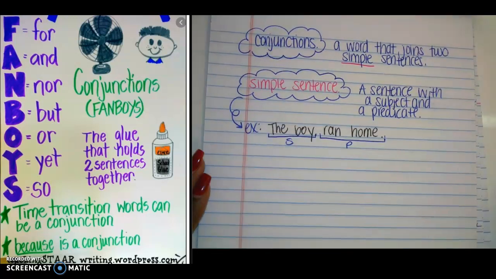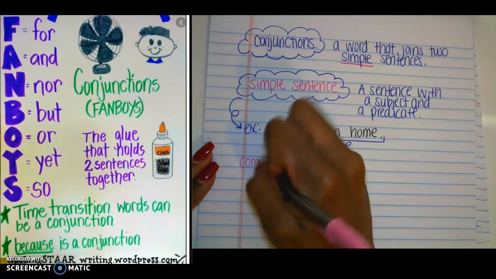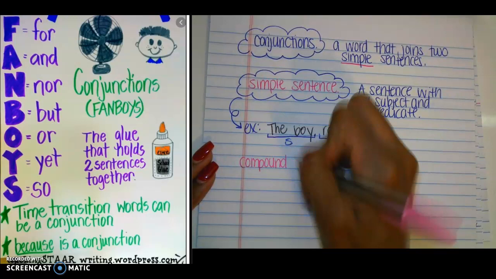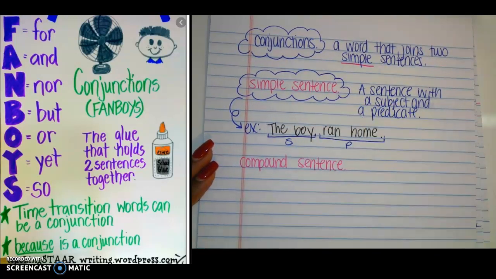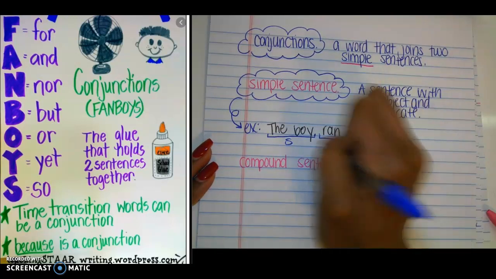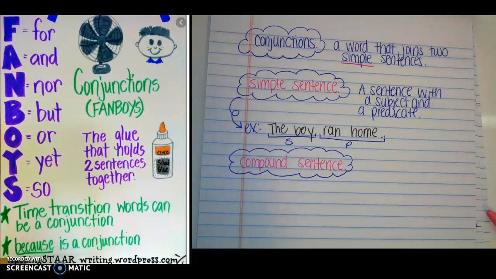But if we wanted to create a compound sentence, remember what I said earlier, words are related, right? What's a compound word? Exactly. A compound word is when you take two smaller words and create a bigger word, like rainbow. Just like a compound word is made up of two smaller words, a compound sentence is made up of two smaller sentences.